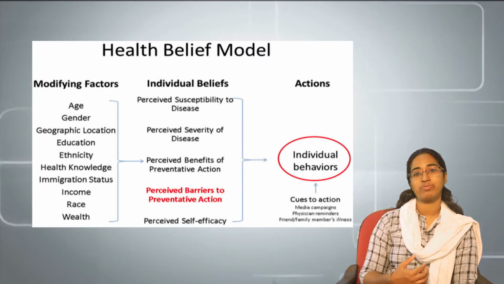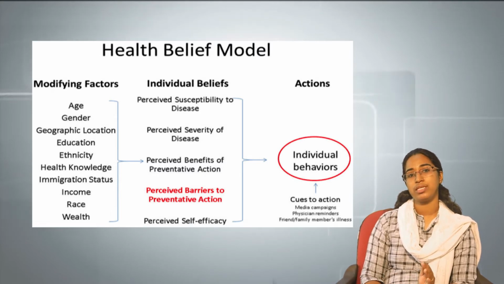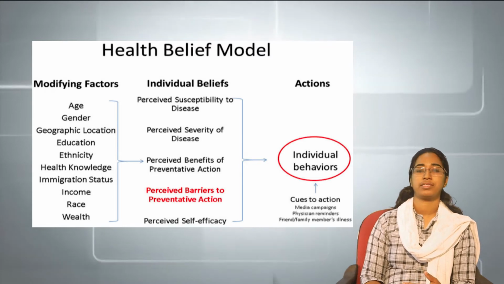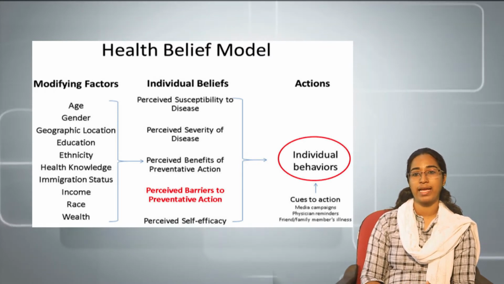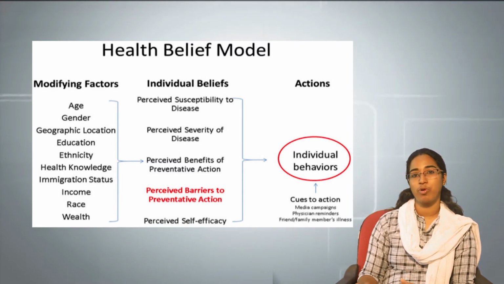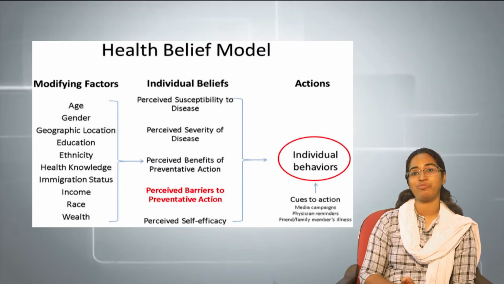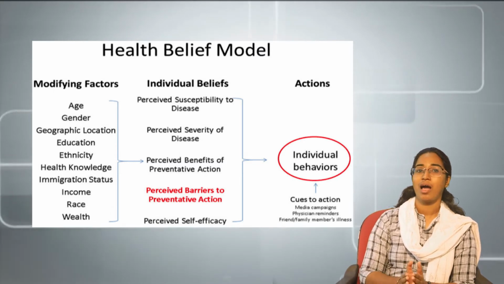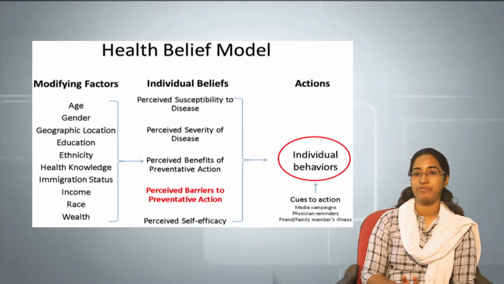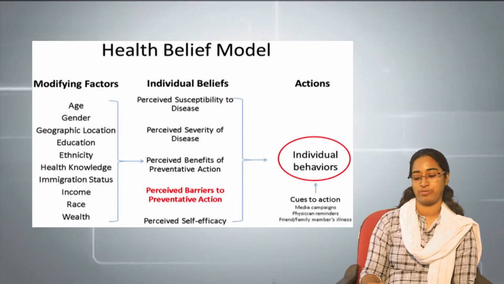All these factors influence the variables, that is, these form the beliefs of an individual, and these trigger an individual to take action, that is cue to action. This cue to action is the outcome of the individual behavior. Simply saying, the health belief model explains how the individual's behavior is formed through the different modifying factors and how an individual will take an action in belief.